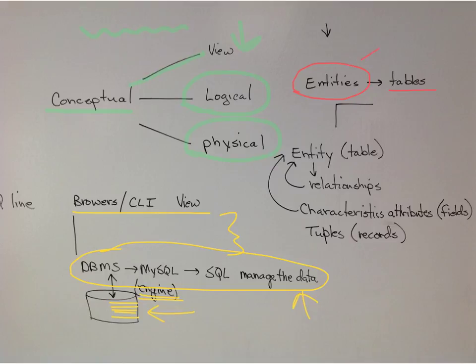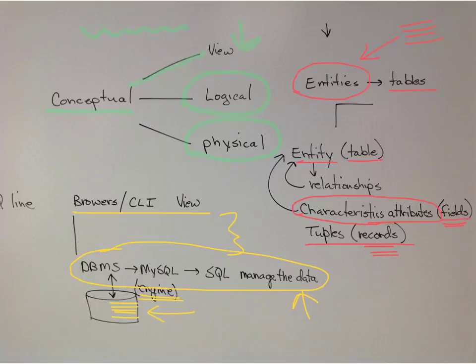What specific items do we want to gather information about? So you start out with an entity or a table, and you talk about the characteristics of that entity, often referred to as attributes, or in a lot of databases they refer to them as fields. Then we organize those and we create tuples or records.